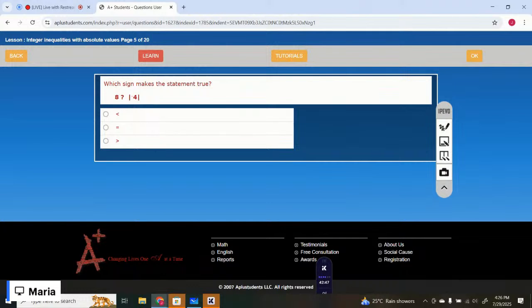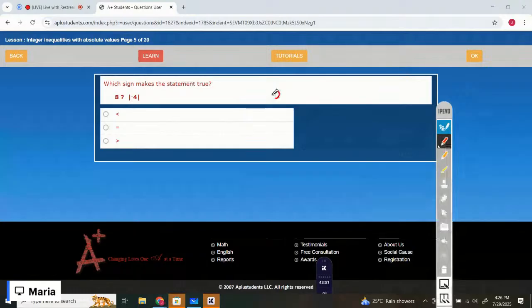Which sign makes the statement true? 8, you need to compare it to the absolute value of 4. Absolute value of -4 is 4. So 8 is less than 4.